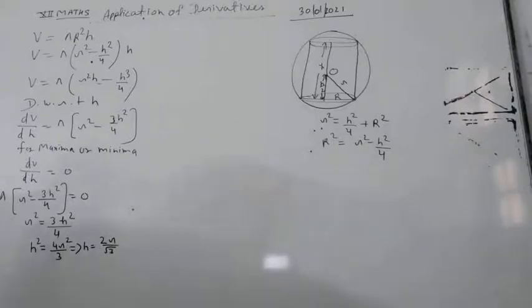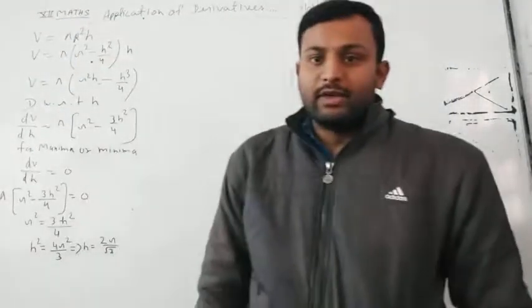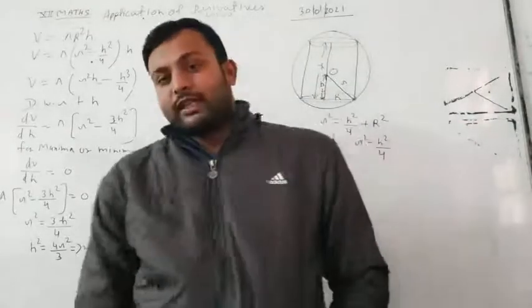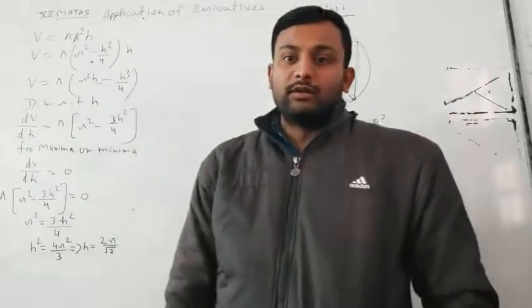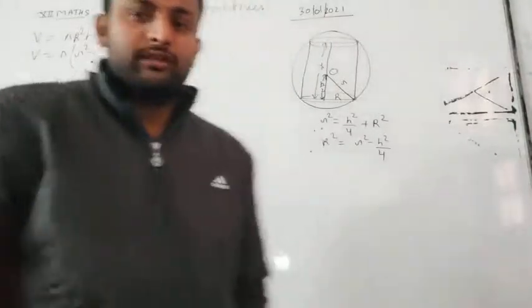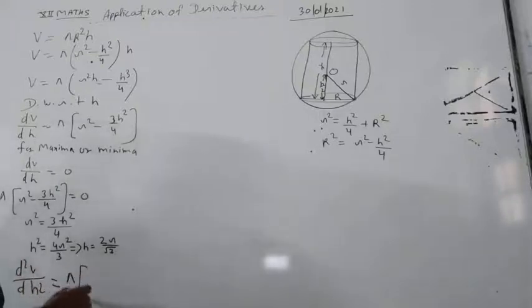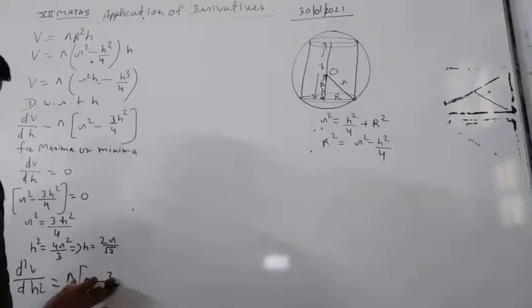Now, students, to check maximum or minimum, we find the second derivative at this point. If the second derivative is negative at this point, then we can say that the value is maximum. So we write d2V by dh2. We get pi times 0 minus 6h by 4.